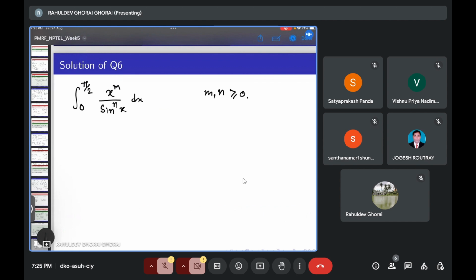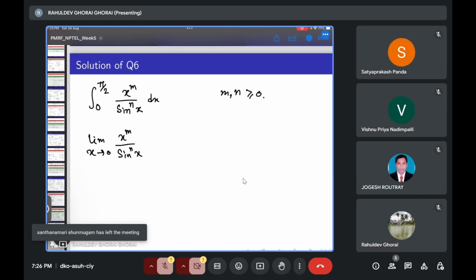The only issue here can be at 0, so we have to find the limit as x tends to 0 and check whether this limit exists or not. If this limit exists, then we don't need to do anything. It will be convergent for any positive m, n values. But that is not always true, right?